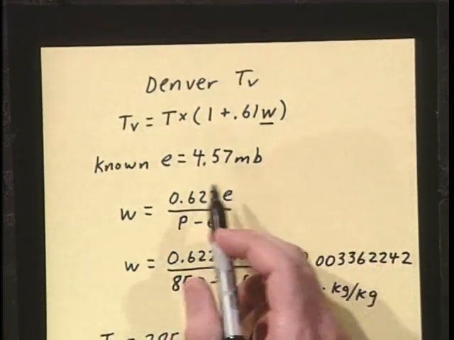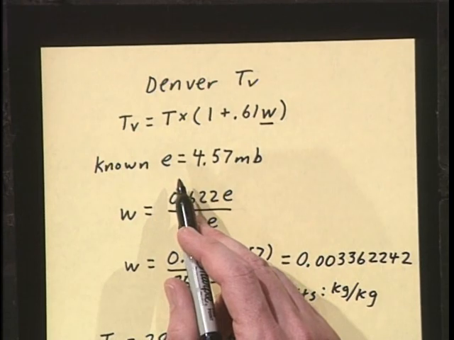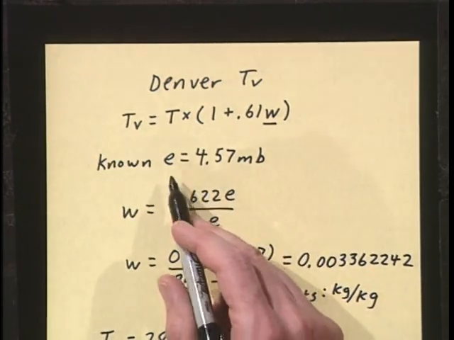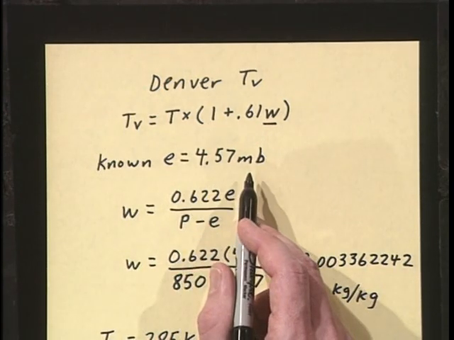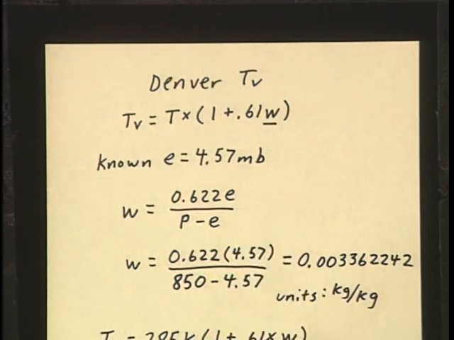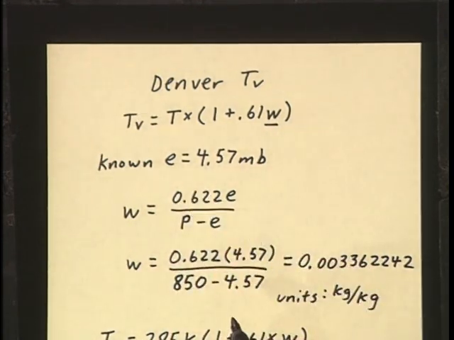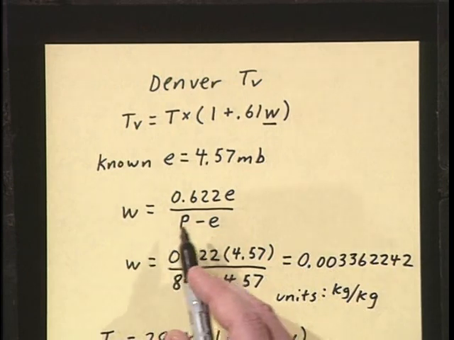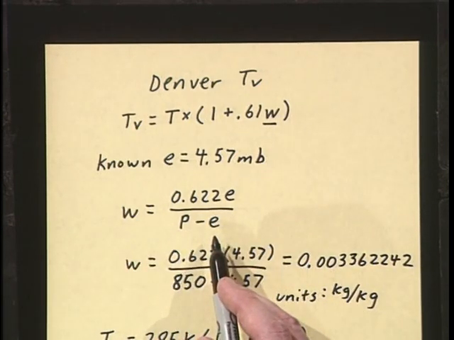We know that the vapor pressure we just solved in the Clausius-Clapeyron equation, we found that the actual vapor pressure is 4.57 millibars. So since we know what this value is, we can use another equation that was given earlier, the mixing ratio equation, 0.622 E divided by P minus E.